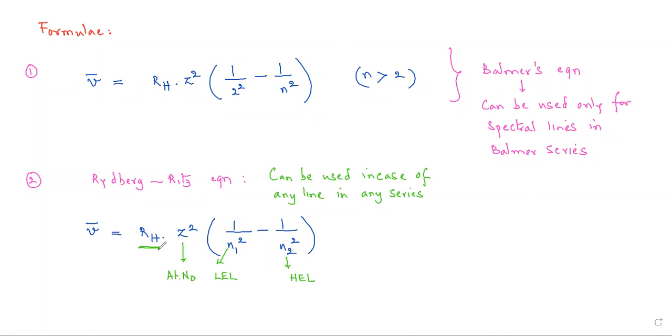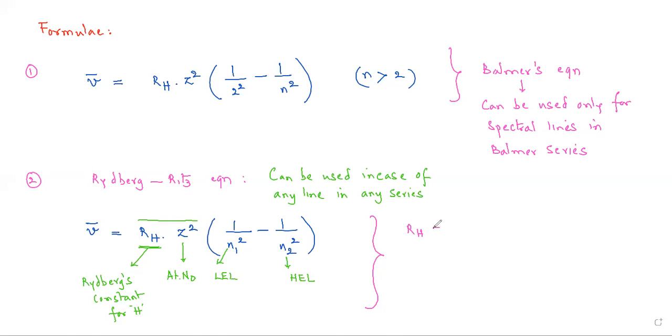Z is of course the atomic number. And this is very interesting. Let me tell you that RH is called Rydberg's constant. But this is only for hydrogen. That is the reason why we have written it RH. And if you want for other species, you can take RH into Z square. So let me give you some clarity on that.